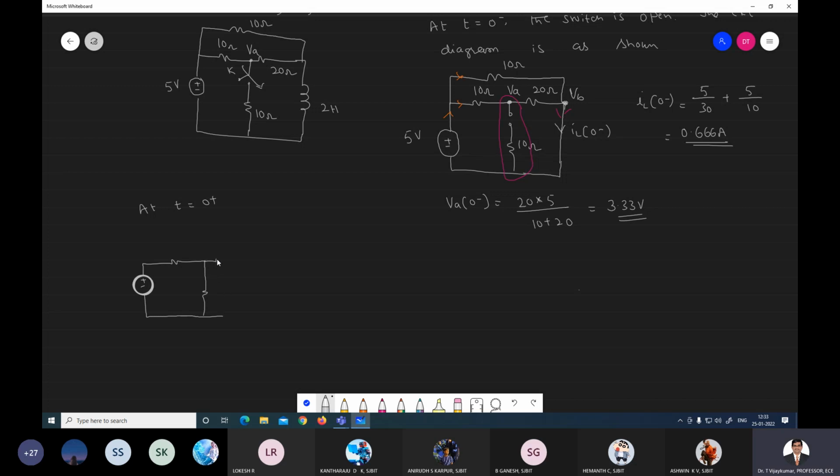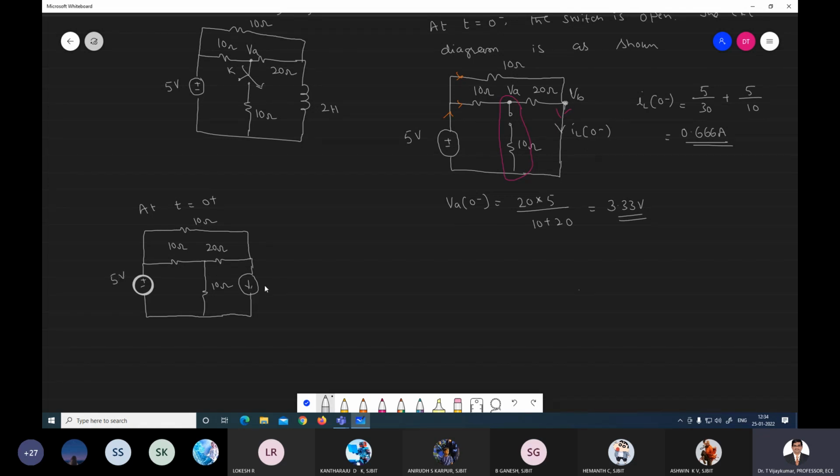Steady state has been reached earlier, therefore the same current will flow in the inductor. Here we have 10 ohm, 20 ohm, 10 ohm, and 10 ohm, and this is our 5 volt source.